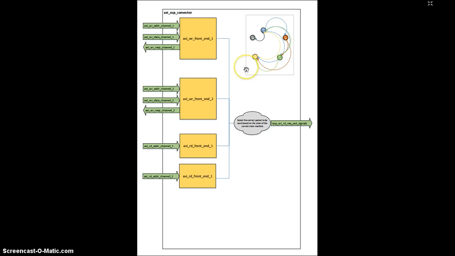The arbiter decides which has to be sent out next, and that particular packet will be taken from the corresponding internal FIFO in these modules, converted to OCP and sent out. The arbiter here will be a state machine, and based on its current state, one client will be served if there are multiple clients pending.